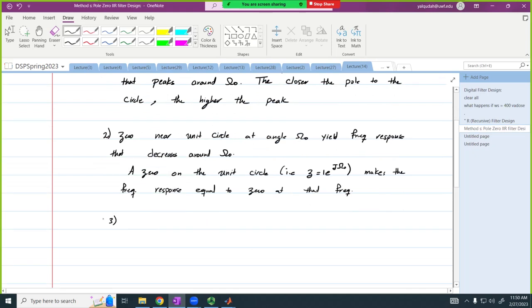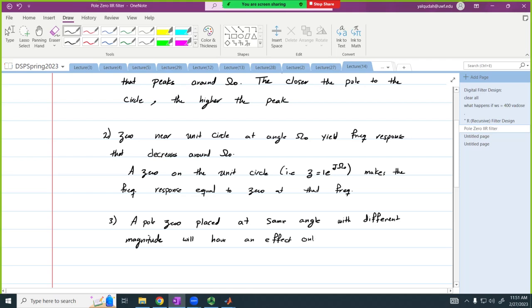Finally, if we have a pole and zero at the same angle, but with different magnitudes, these will have an effect only near that angle, the frequency where these are placed.